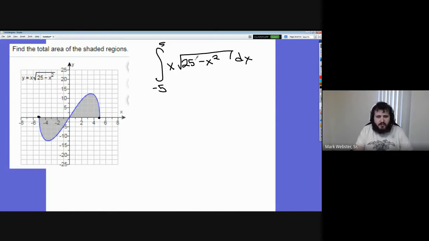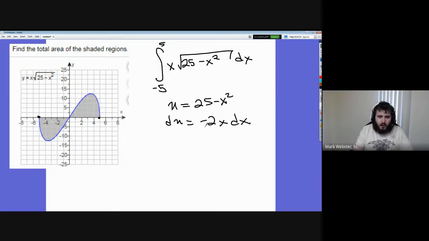So I'll do what's on the inside. My u is going to be 25 minus x squared. My du is going to be, well, that cancels out when I take the derivative, and we're left with -2x dx.